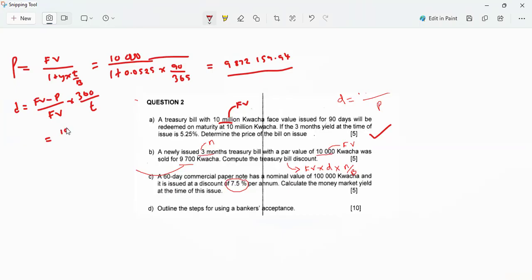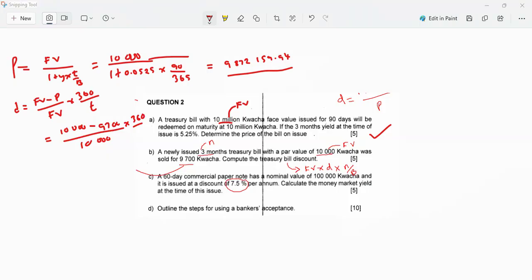Our par value, which is the same as the face value. 10,000 minus 9,700 over 10,000 times 360 over our time. In this case it is what? 3 months. Okay. Our time is 3 months.